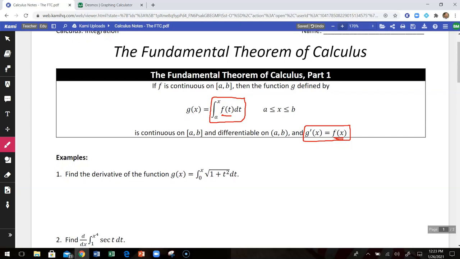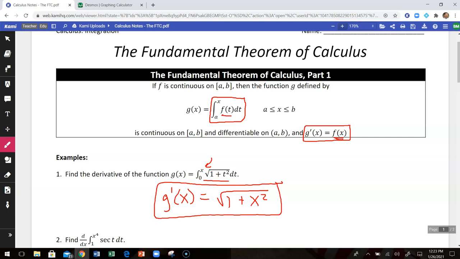Find the derivative of the function g of x equals the integral from 0 to x of the square root of 1 plus t squared dt. G prime of x will simply be this function, the square root of 1 plus t squared, evaluated at x, which means the square root of 1 plus x squared. And that is it. That is the derivative of g.